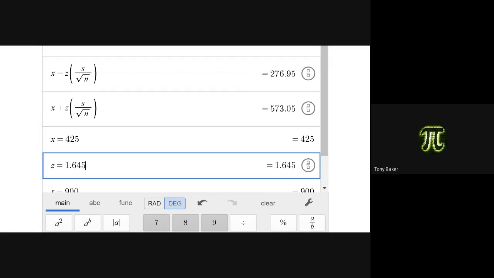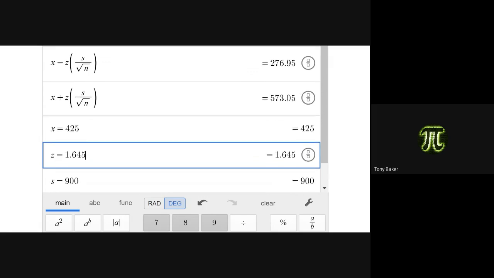All right, so this is 90%. Copy this over. So is 90% a wider interval or a smaller interval?